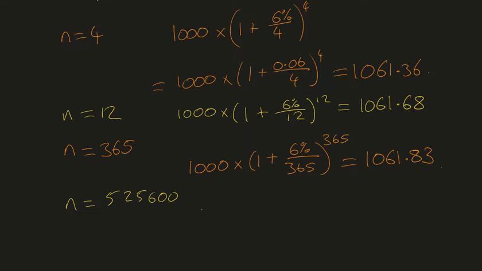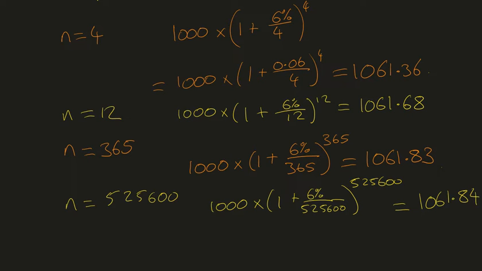So we would have 1,000 times 1 plus 6% over 525,600, all to the power of 525,600. And if you were to calculate it, it would come out at 1061.84. Only a 100th of a decimal place, or 1 cent difference from doing it 365 times in a year.